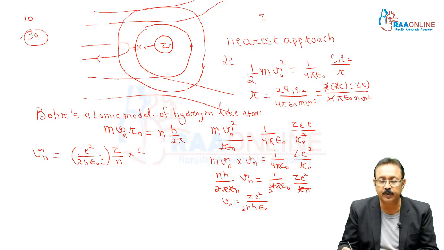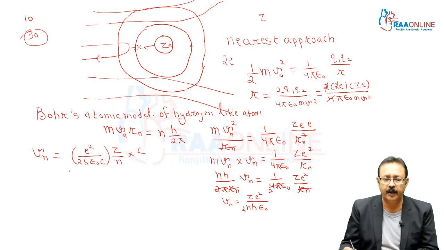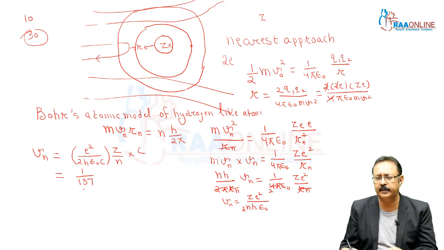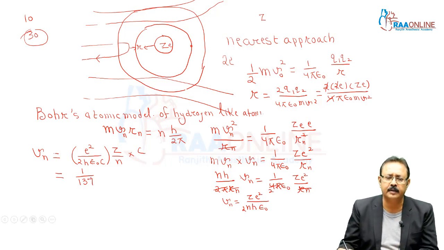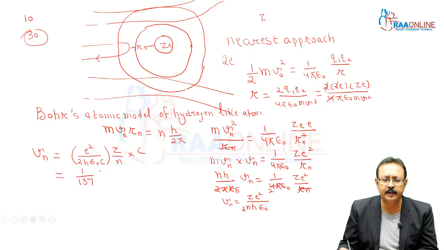So this number is also dimensionless. If you calculate its value, you will get 1 upon 137. Only this number 1 upon 137 you have to remember for all numericals. Now we get this into Z by n.